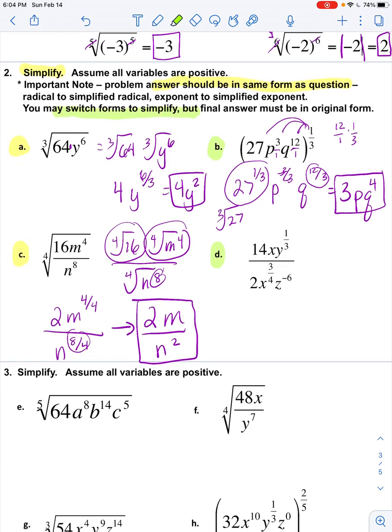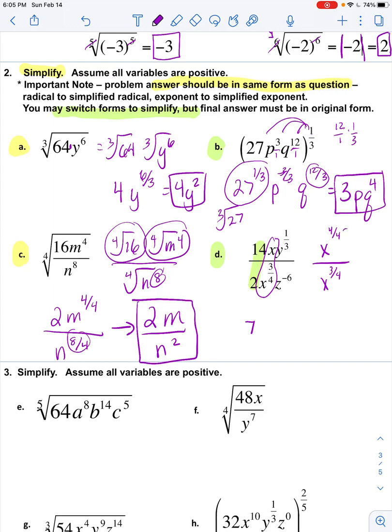When I'm looking at this next problem, I'm not going to forget what I have known since forever, which is that 14 over 2 is going to give me a 7. Then I'm looking at my x's. Now, how did we do this? We used to do this by subtraction or canceling. So basically on the top, I have 1x, and on the bottom, I have 3/4 of an x. So think of 1x as 4/4, and on the bottom, you have 3/4.